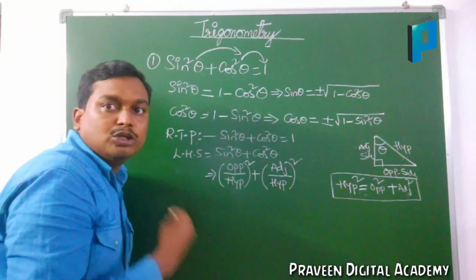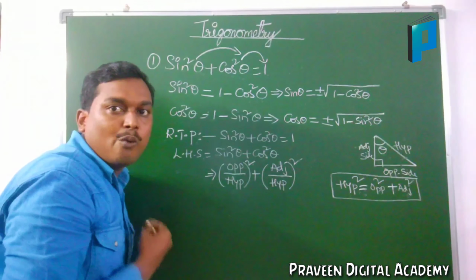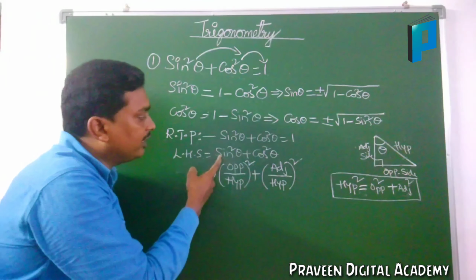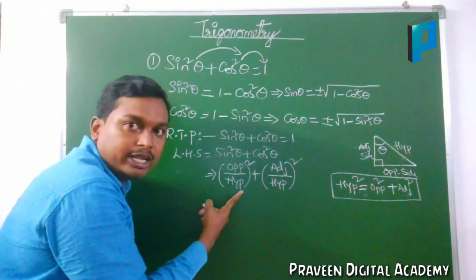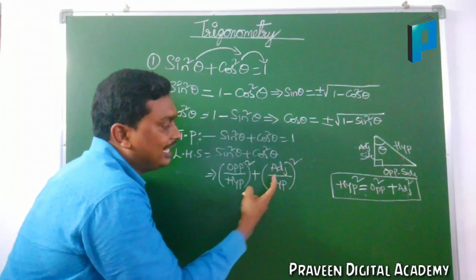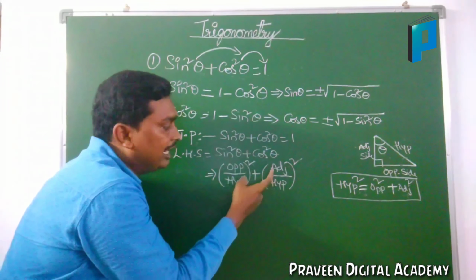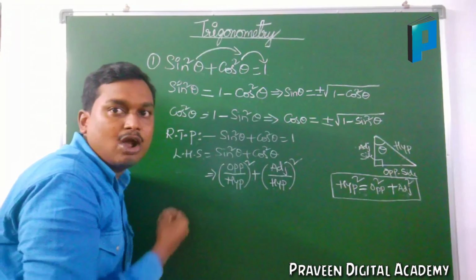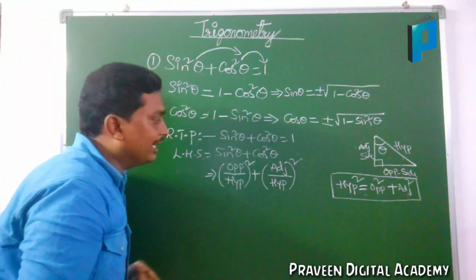Watch that video so that you can understand the trigonometric ratios very clearly. The ratio of sin theta is opposite by hypotenuse, cos theta is adjacent by hypotenuse, and tan theta is opposite by adjacent.